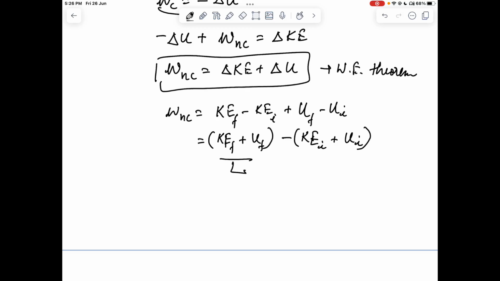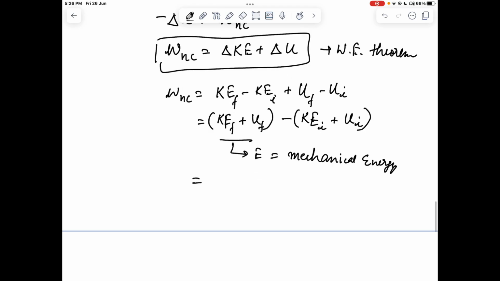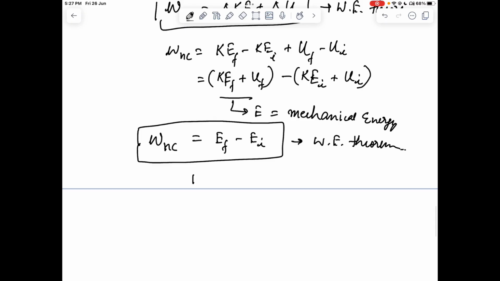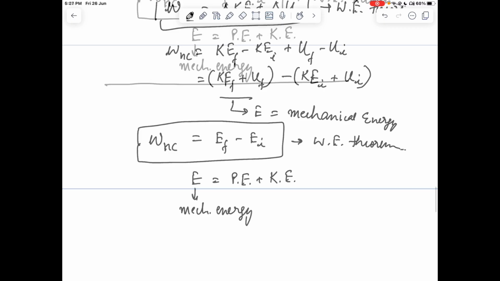Now this quantity together is called the mechanical energy. So we have E final minus E initial equal to the work of the non-conservative force. This is another form of the work energy theorem. It's important to note that E, the mechanical energy, comprises the potential and kinetic energy of the system.